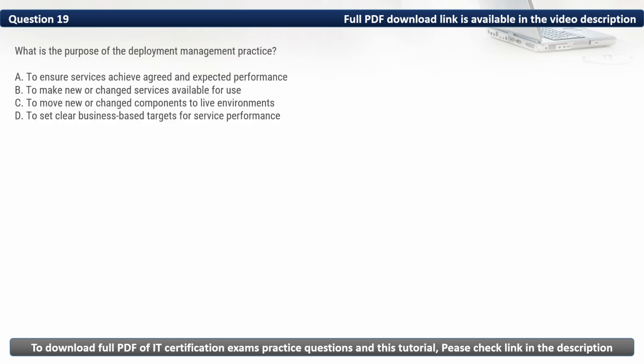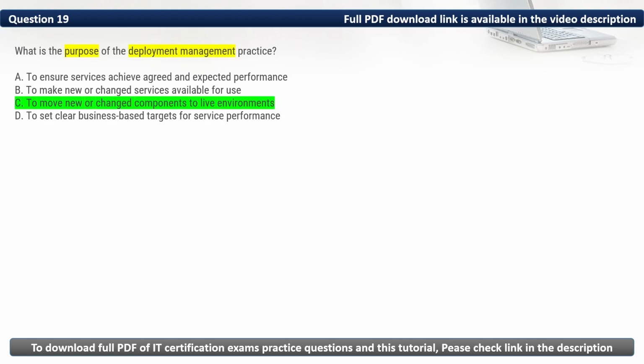Question 19. What is the purpose of the deployment management practice? The purpose of deployment management practice is to move new or changed components to live environments.